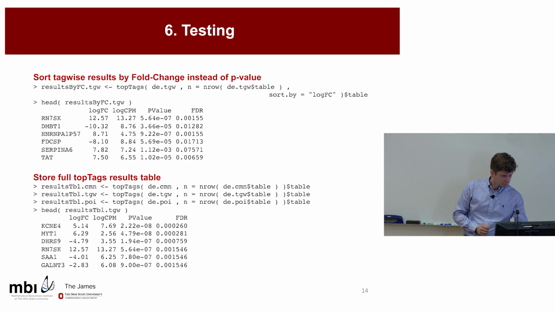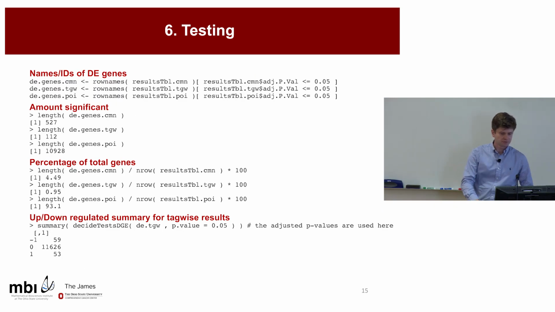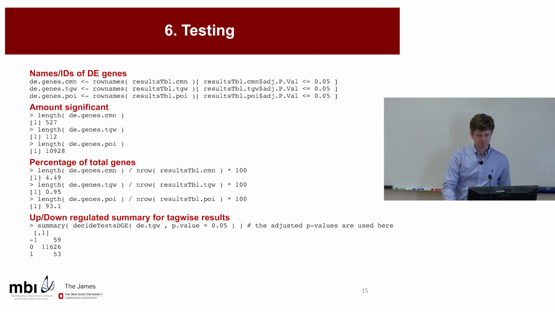And for these genes, you can also select genes that were significant, and you can define significance. In this case, it's an adjusted p-value of 0.005. And you can see how many genes were differentially expressed. And you can also express it as a percentage of genes differentially expressed.